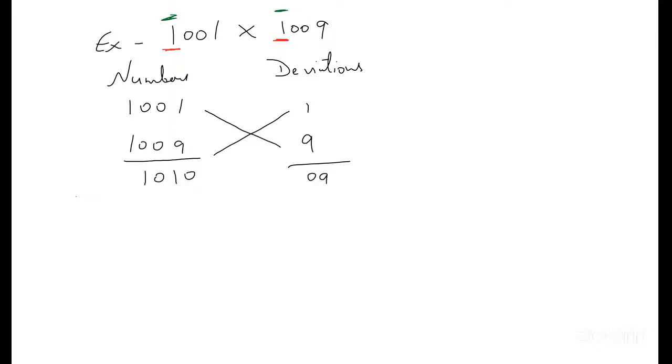Have they used the product in 3 digits? One zero, and they have taken 009. Okay, so we have added 2 zeros before 9 on the left side.